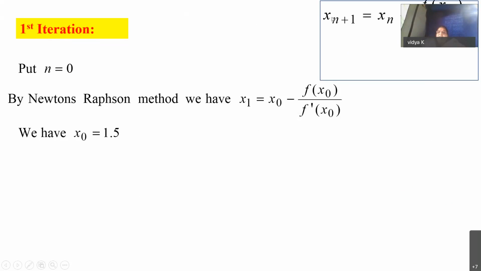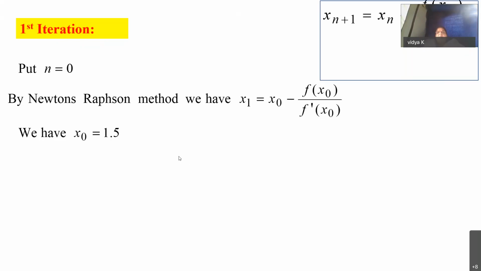So it becomes x1 equal to x0 minus f at x0 by f dash at x0. You can take x0 as 1, as 2, or any value in between 1 and 2. I took the middle value 1.5. You may take anything you wish.